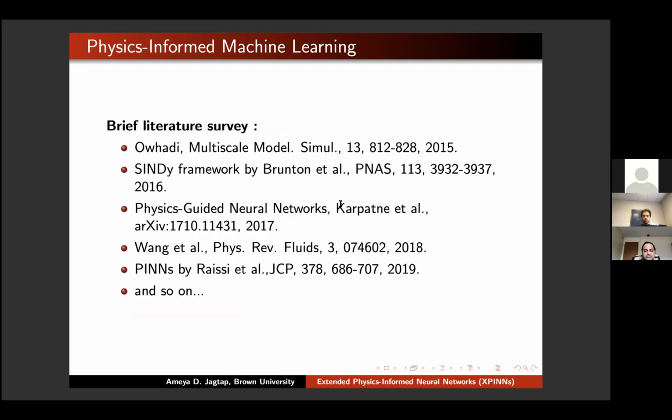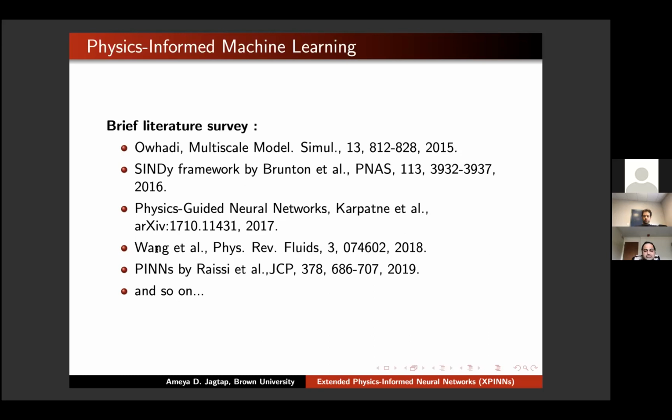A brief literature review. Physics-informed machine learning was constructed by using systematic prior knowledge about the solution. The SINDy framework given by Brunton is for the dictionary learning of dynamical systems. Karpatne proposed the physics-guided neural networks.